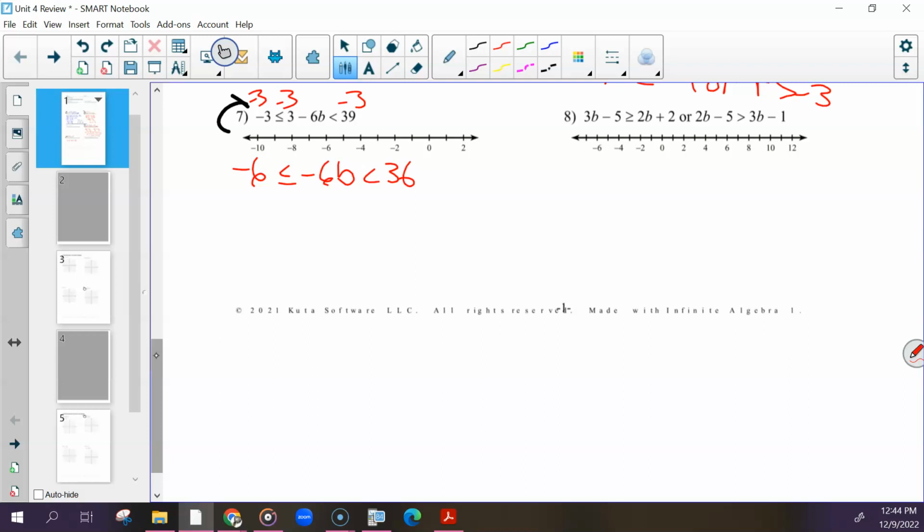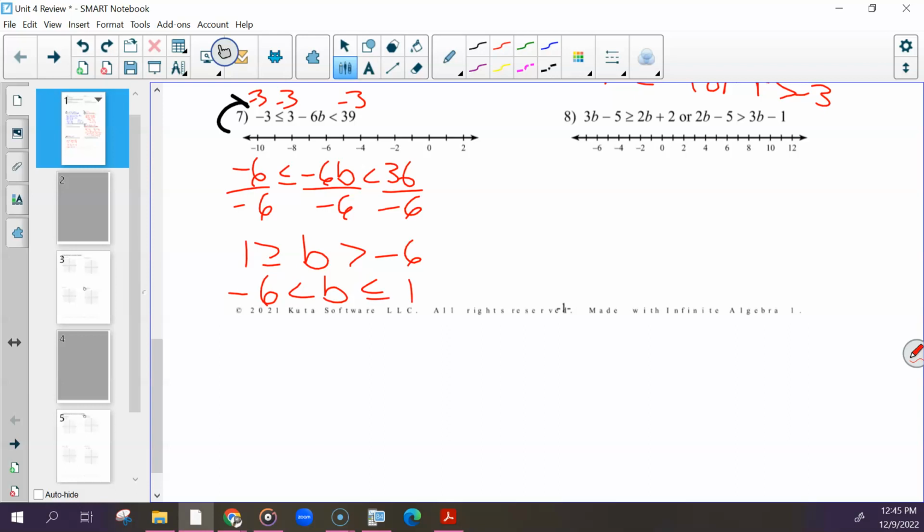Divide all the sides by -6. Your signs are going to change direction. So we'll have 1 is now greater than or equal to b, which is greater than -6. But we want our final answer least to greatest with less than or equal to. So we're going to take this whole thing and flip it. So -6 is less than b, which is less than or equal to 1.